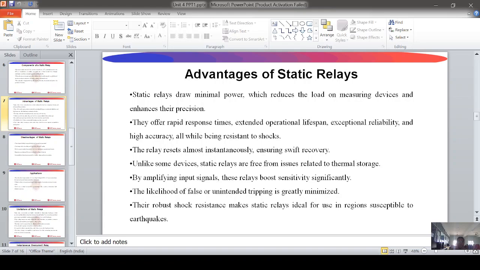They also provide high sensitivity and reduce false tripping. The uninterrupted tripping is greatly minimized. Unlike some devices, static relays are free from issues related to thermal storage. By amplifying the input signal, these relays boost sensitivity significantly.